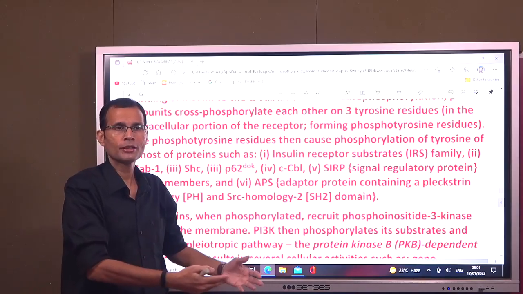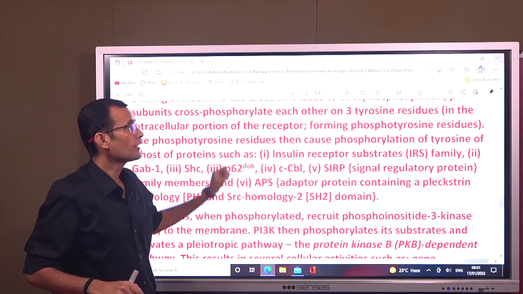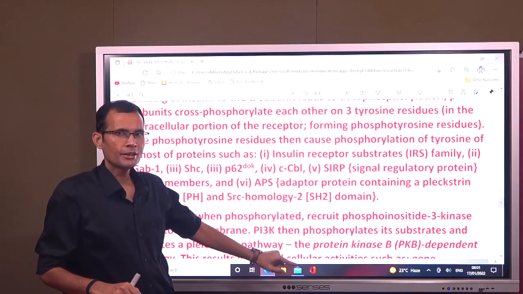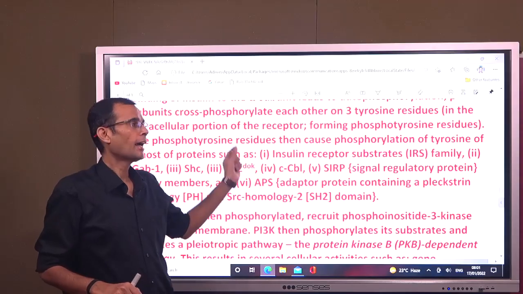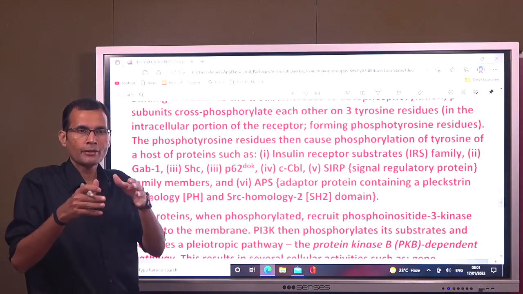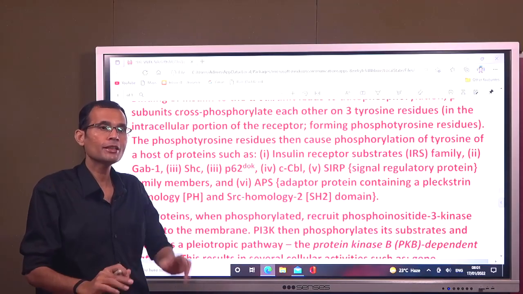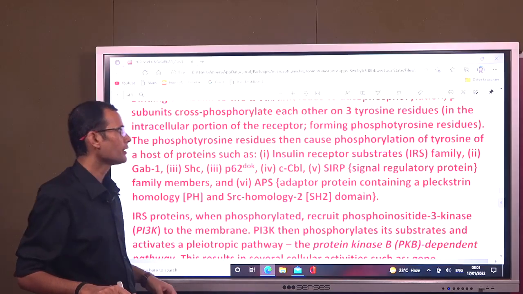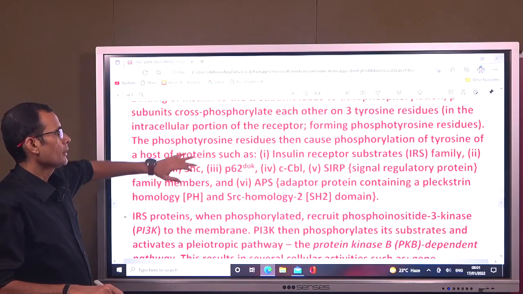There will be autophosphorylation. Tyrosine kinase activity has been activated in the receptor, and then it will act on the proteins, and it will act on what part of the proteins? On the tyrosine residues of those proteins inside the cell.